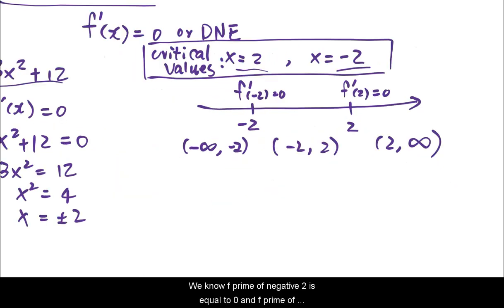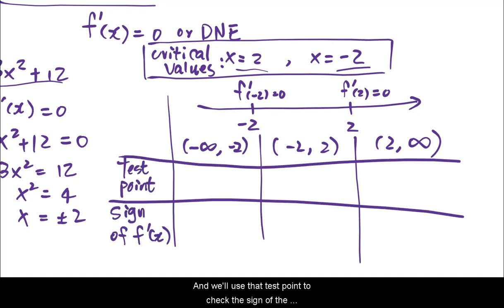We know f prime of negative 2 is equal to 0 and f prime of 2 is equal to 0. We just did the calculation. Now, out of these 3 intervals, we're going to pick a test point, a representative from each interval, and use that test point to check the sign of the derivative. Sorry, it's g of x here.